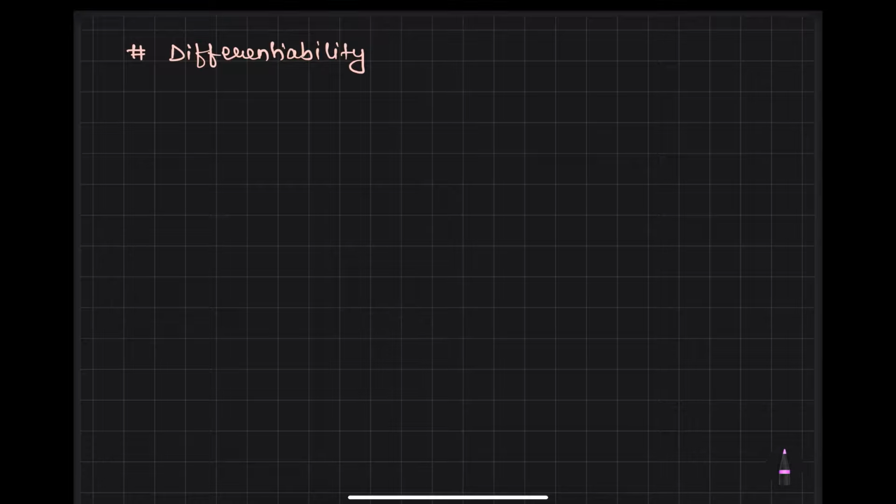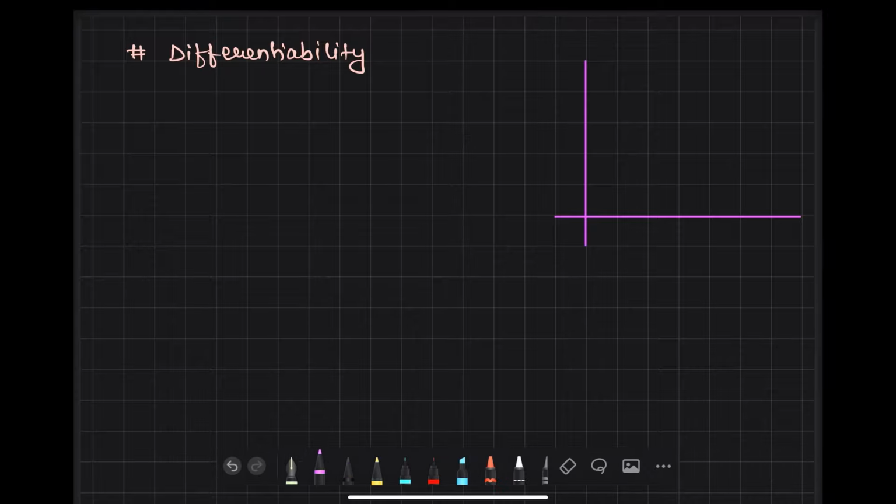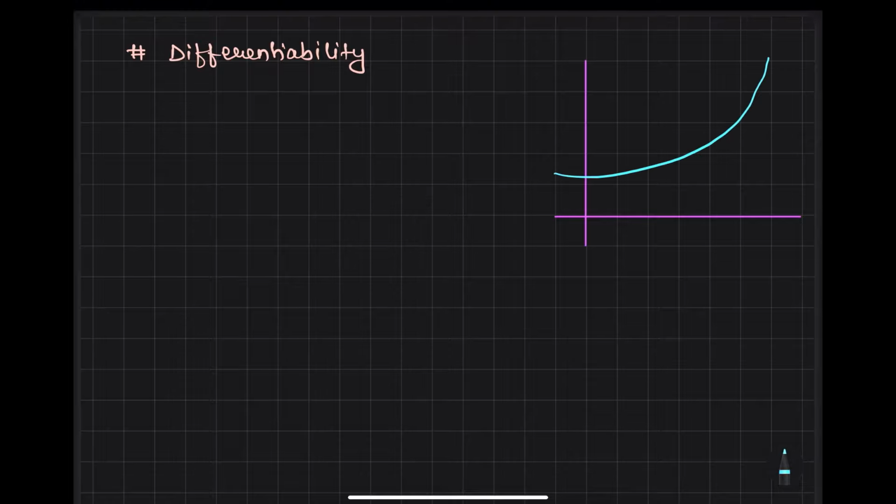Like continuity, differentiability is also a property of a function at a specific point. It may exist, it may not exist, like limit and continuity. Okay, so suppose we have a function which looks like this. At a certain point A, suppose we have this point.